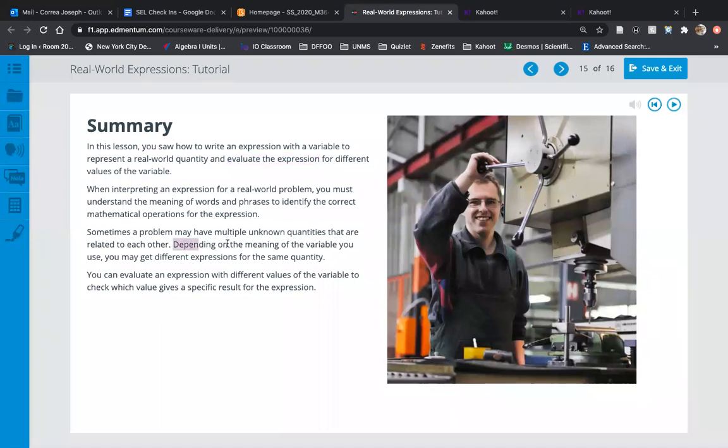Depending on the meaning of the variable you use, you may get different expressions for the same quantity, right? So that's like that example with the cost of the ferry ride, right? If we let the variable represent the cost for the adult ticket versus the cost for the niece's ticket, you end up with 2 different expressions. So you need to be careful if they give you the variable to make sure you're using it correctly, right?